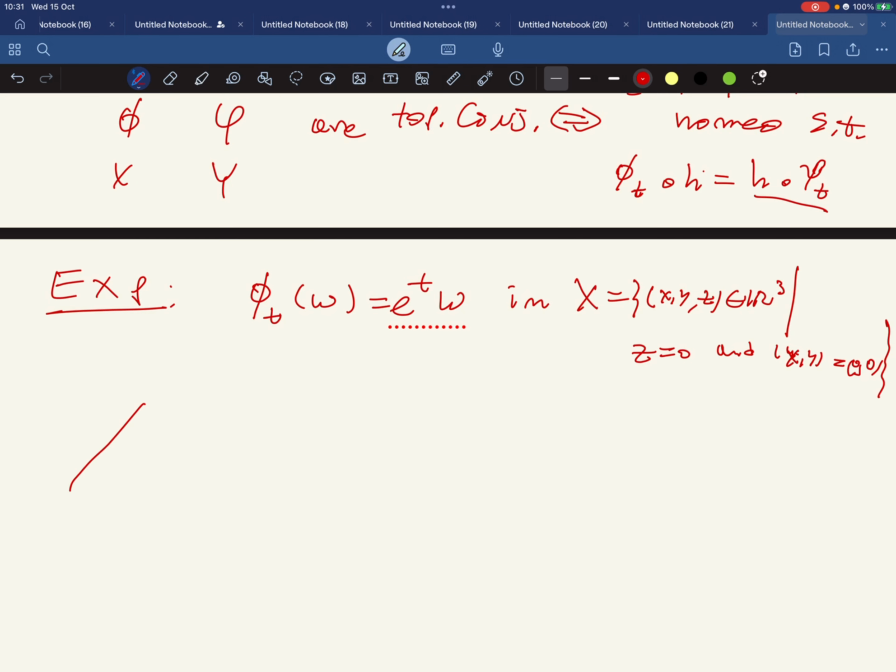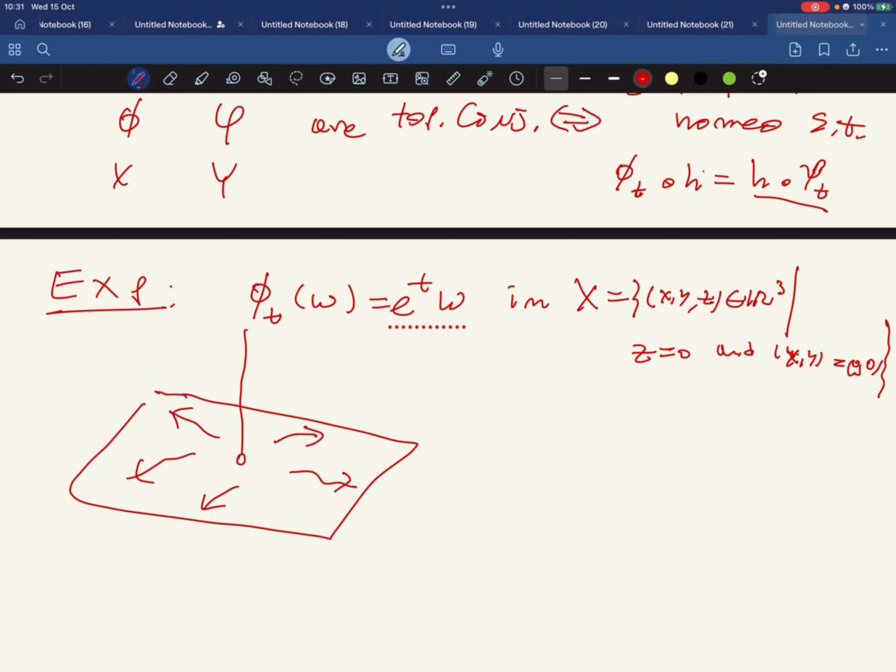This is the plane in R3 removing the origin. This is the flow phi. This is the space R3, and this is the coordinate theta.